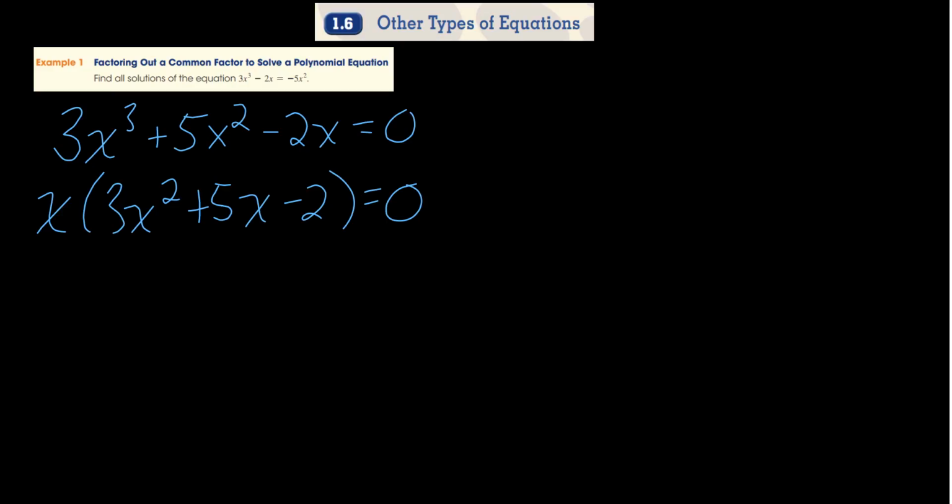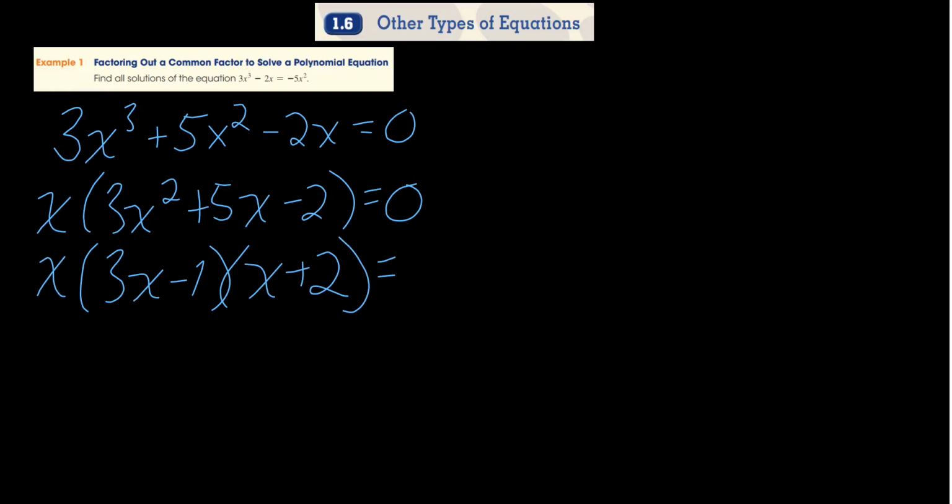And then we can factor this. We're going to factor what's in the parentheses, but remember, bring that x down. This x that I'm writing does get lost a lot, and we'll see why in a minute. And this factors into 3x minus 1 and x plus 2. It's equal to 0. Okay, so we factored this polynomial completely. There's nothing else we can factor.